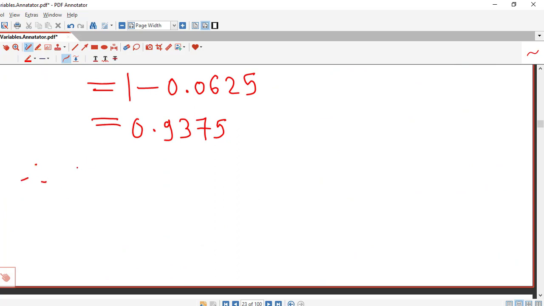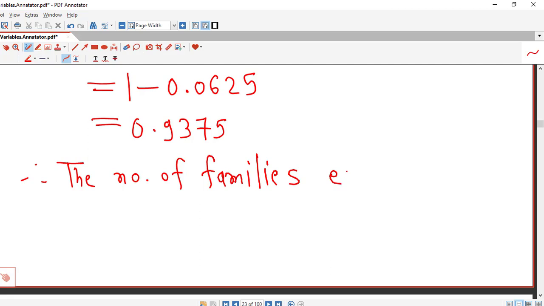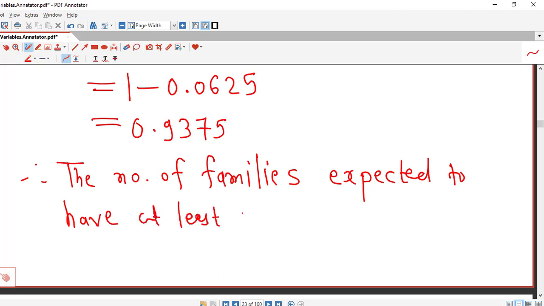So therefore the number of families expected to have at least 1 boy is equal to 800 times this probability 0.9375.